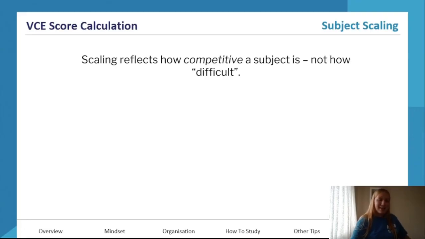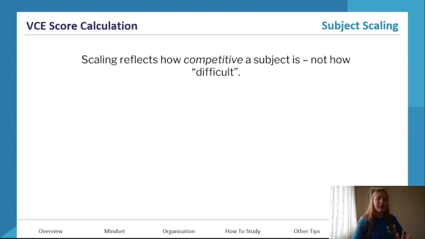So, how does scaling work? Some people think scaling is to do with things like performance across different schools for the same subjects, because some schools have stricter teachers and SACs are harder, etc., but that's not how it works.